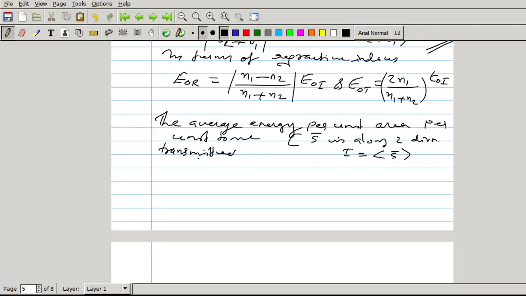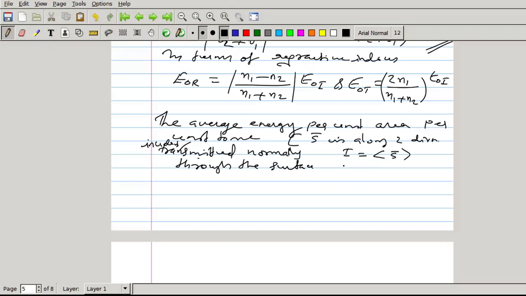Here the Poynting vector is along the z direction and the z direction is normal to the surface, so we can take I equal to the expectation of S.